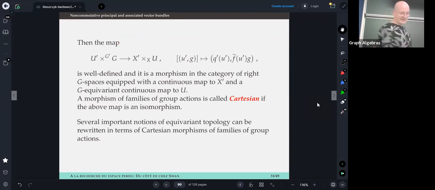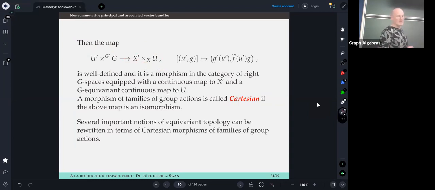The left-hand side is a quotient of the product U prime cross G with respect to the diagonal action of G prime on both factors. On the right-hand side, we have a fiber product.